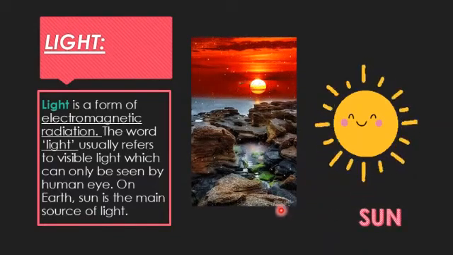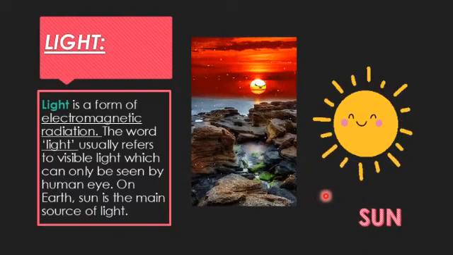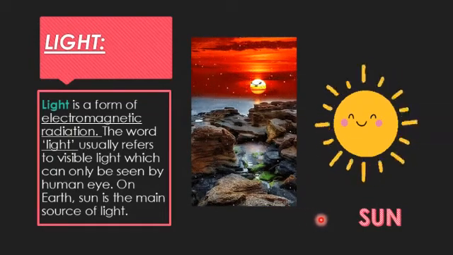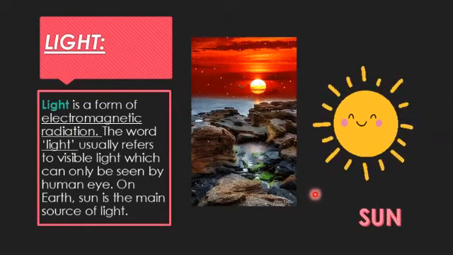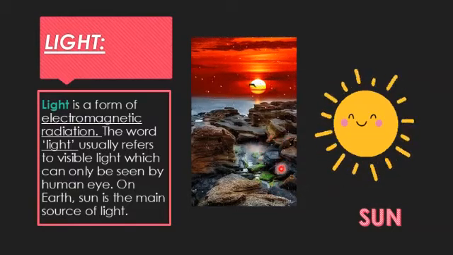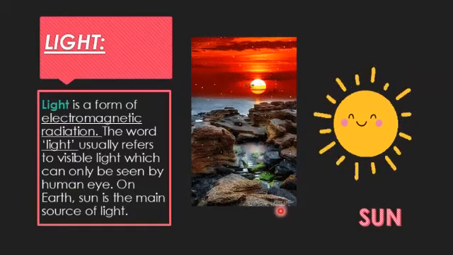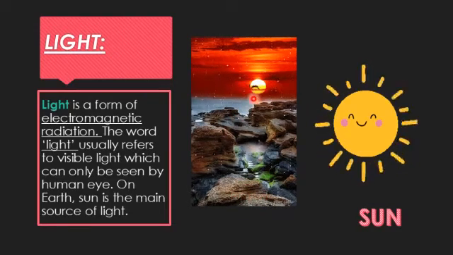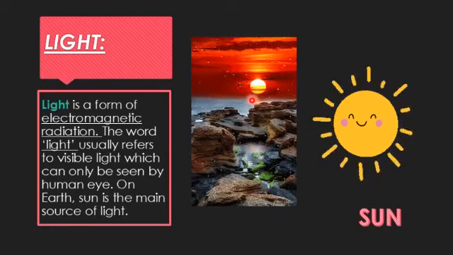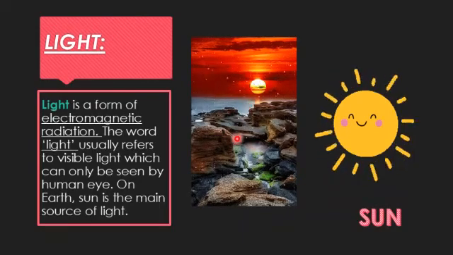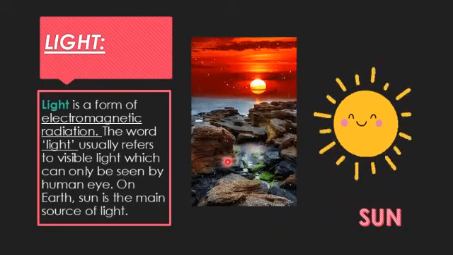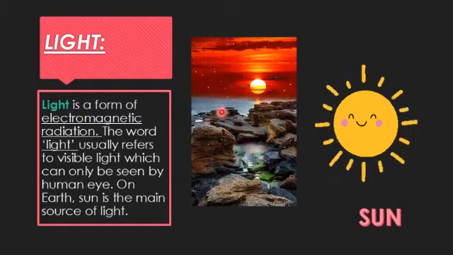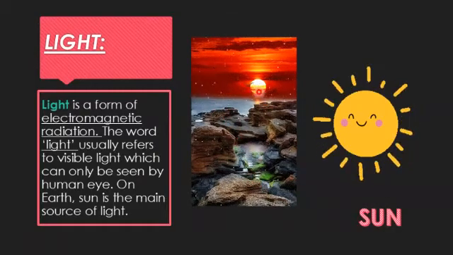So the sunlight is a major source on earth, so you can see all the objects around you. For example, if you observe here, it's a sunset or maybe sunrise, and you can see some stones, they are visible, the water is visible, and a bird is visible.